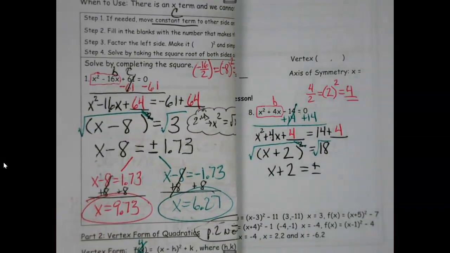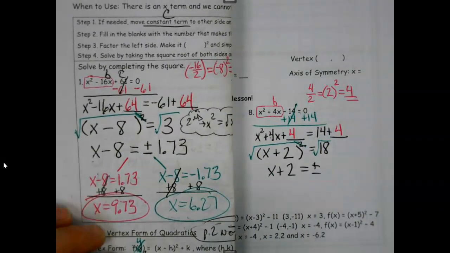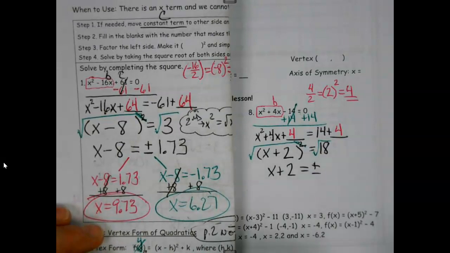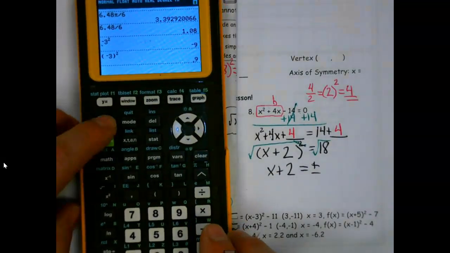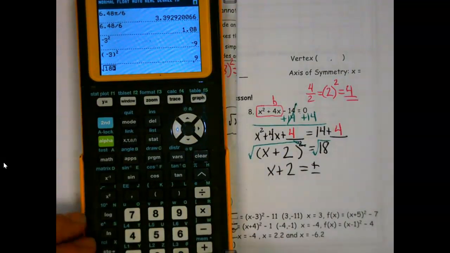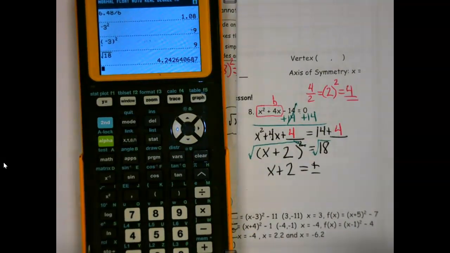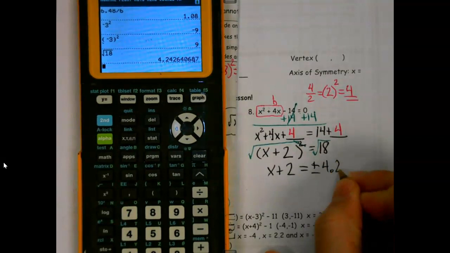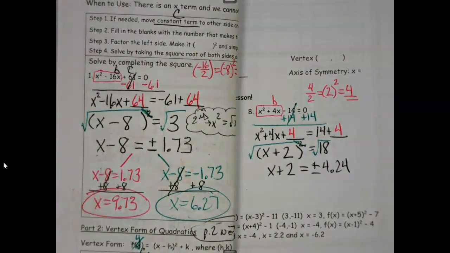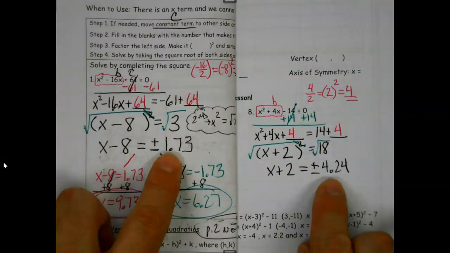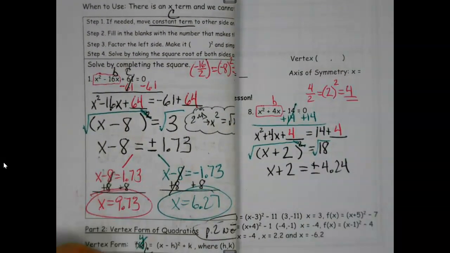If I was exact valuing it, which you would do in algebra 2, it would be 3 times the square root of 2. Oh dear. So we'll go ahead and get our plus minus if it's not a perfect square here. Decimals are okay.